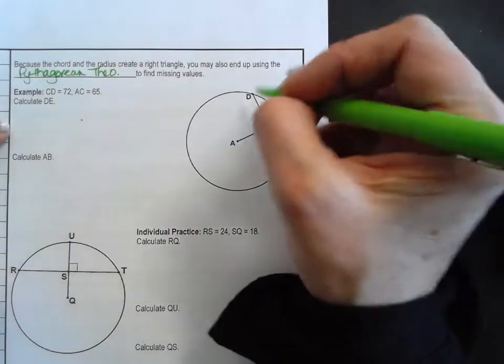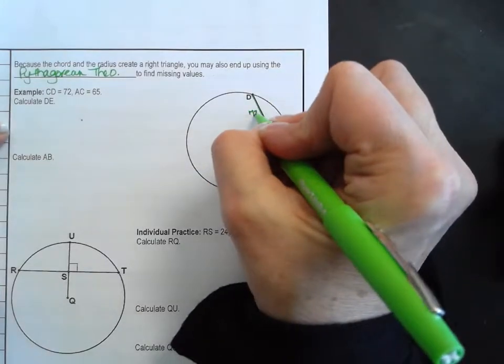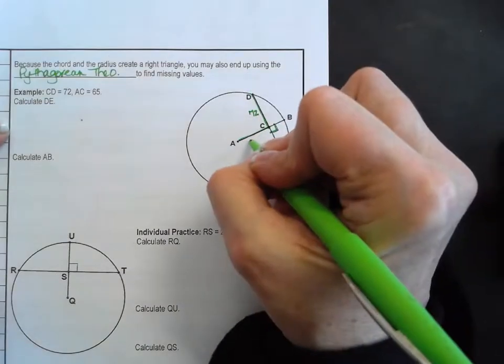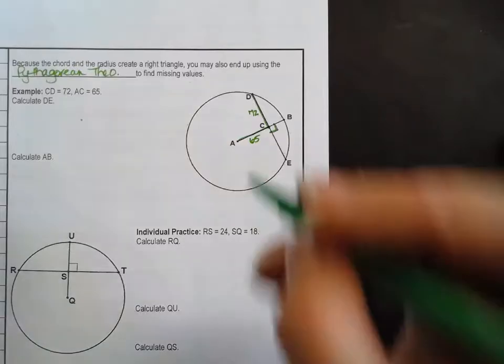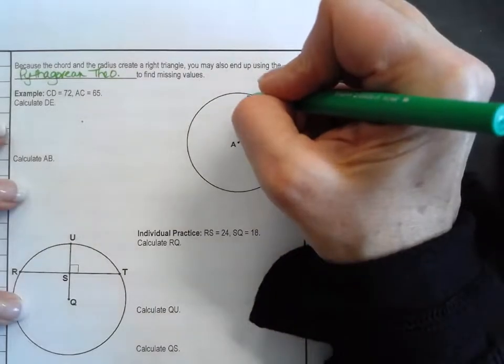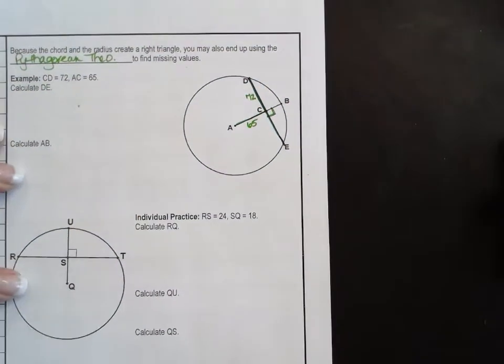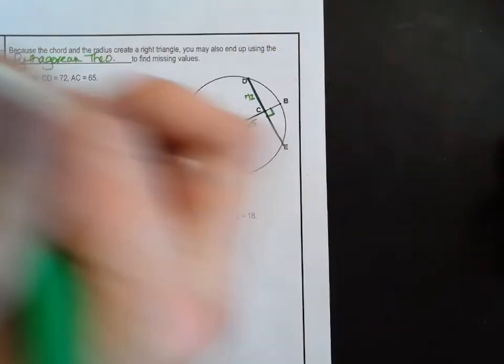So if CD is 72 and AC is 65, I want to calculate the whole thing, DE. What's DE going to equal?